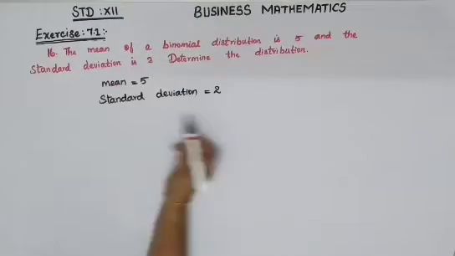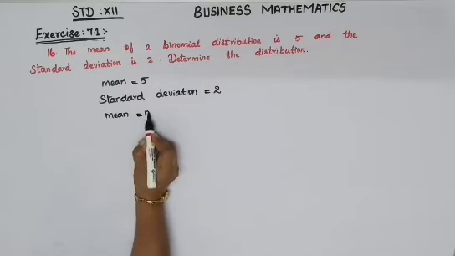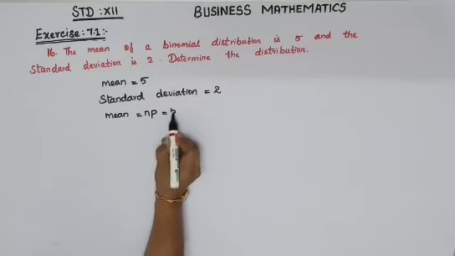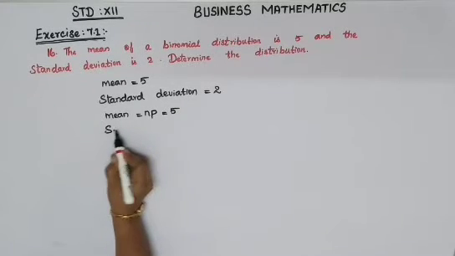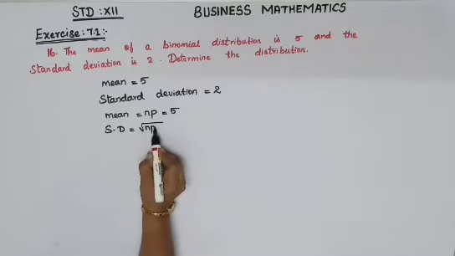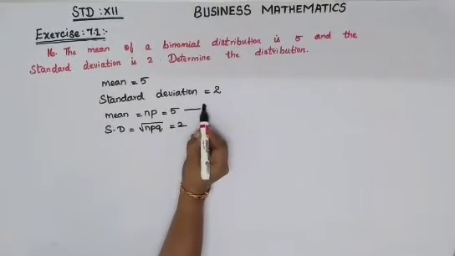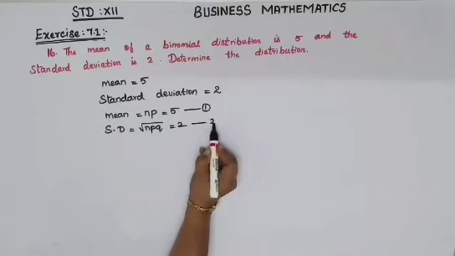Your mean formula is np, which is equal to 5, and your standard deviation formula is root of npq, which is equal to 2. We'll mark this as equation 1 and this as equation 2.